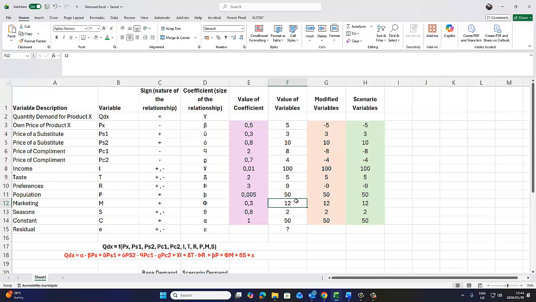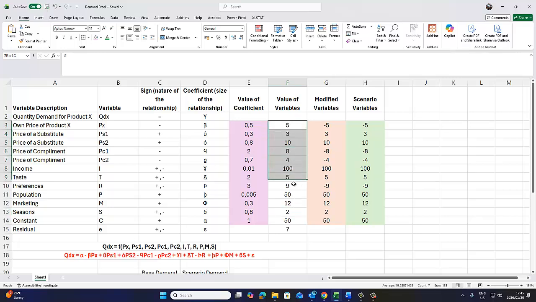Marketing, if you're the company, then obviously you know how much you spent on marketing Coke. I know Coke spends a lot of money on marketing. Seasons, we know that in summer they're going to drink more, etc. So you'll set up a dummy variable for that.